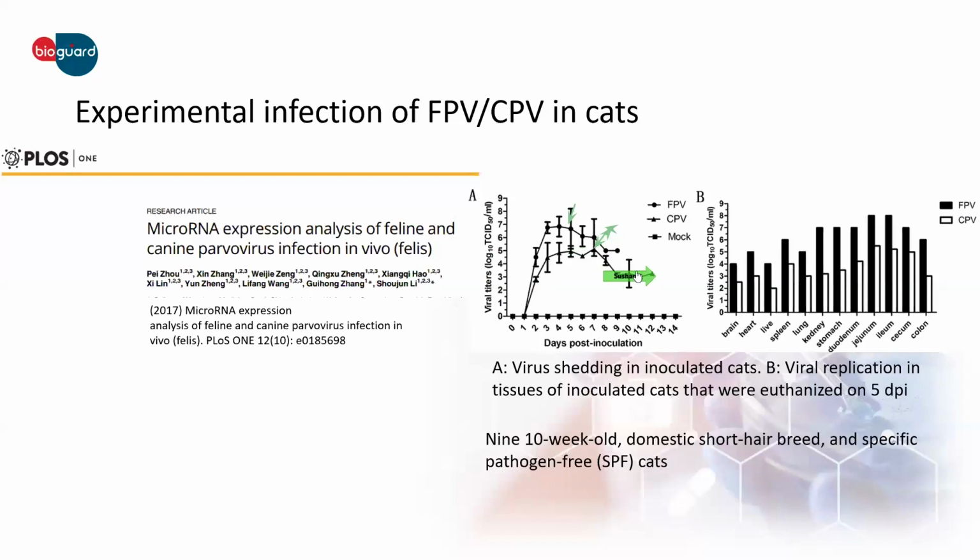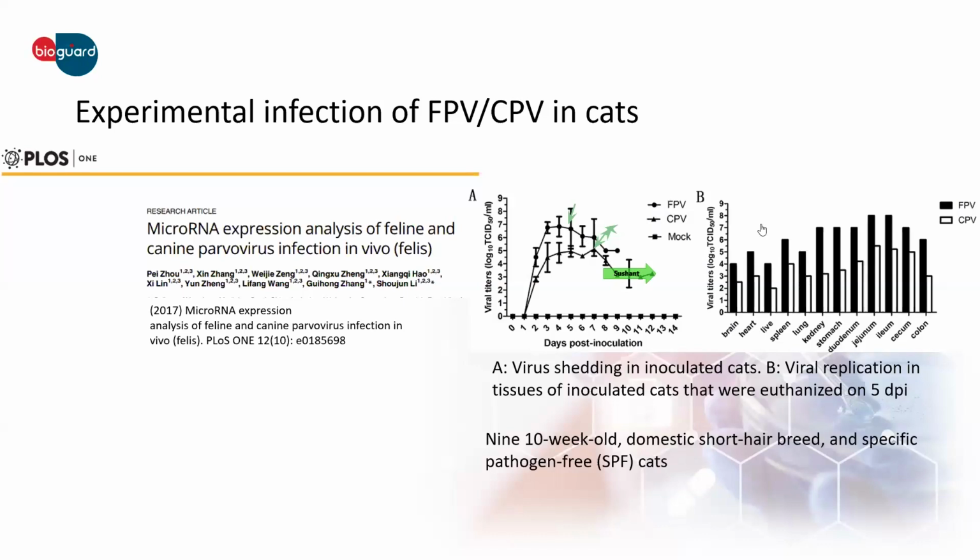By the way, they infected the cats with the same virus amount, the same titer of FPV and CPV2. So we can still consider FPV to be more virulent to the cat compared to CPV.